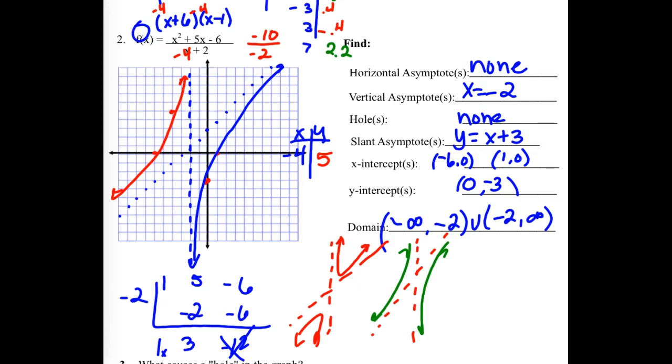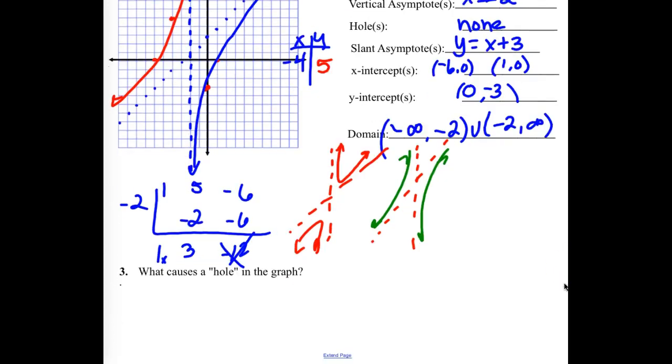Right? We find all this information for a reason. We want to get as accurate a graph as possible. I'm not asking you to plot 50 points to have your graph be perfect, but it should fit what you come up with. It should be approaching the asymptotes. It should be going through the X and Y intercepts. It should be going through any extra points that you have to find to figure out what the shape is. Okay? But make sure those match up.